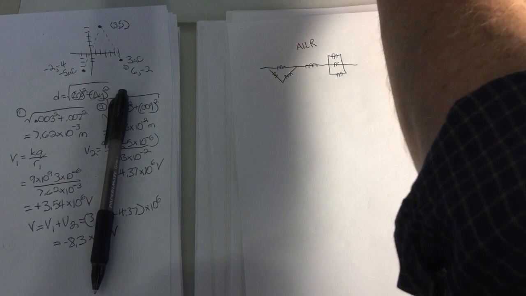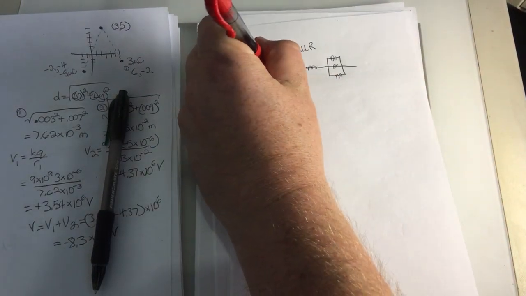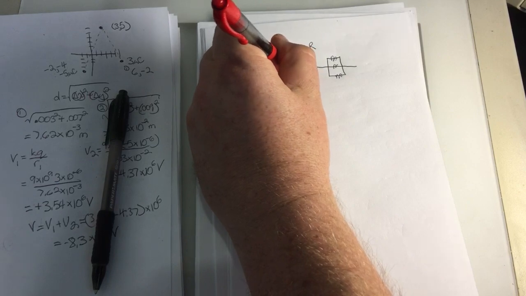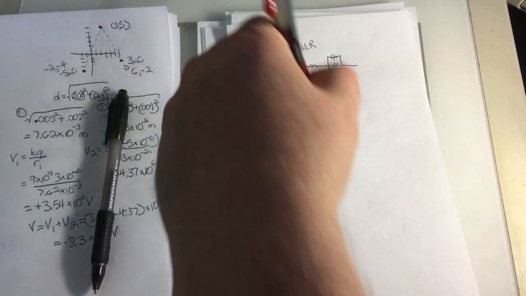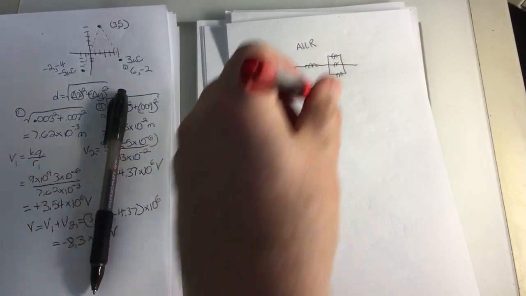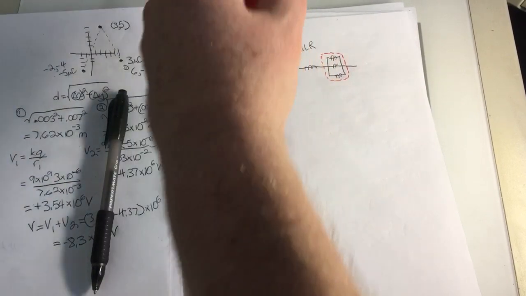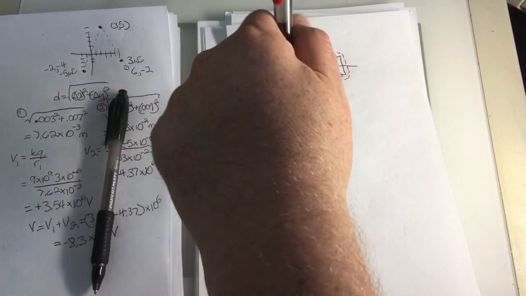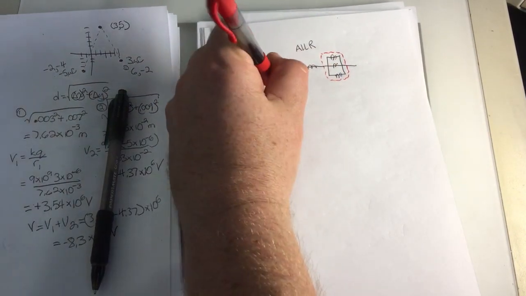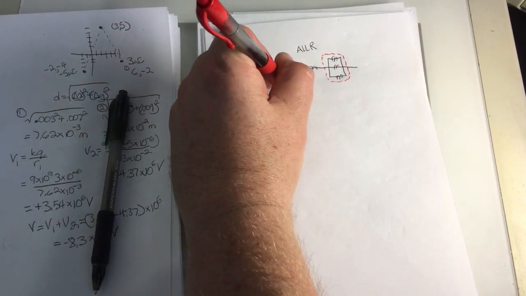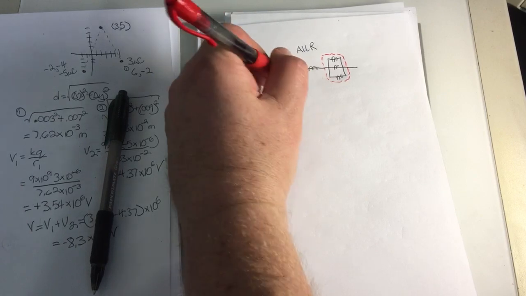There are 2 squooshable parts of this circuit. That one is a simple series resistor. And this one is parallel. I'm going to call that one R1, and R1 is 2R.